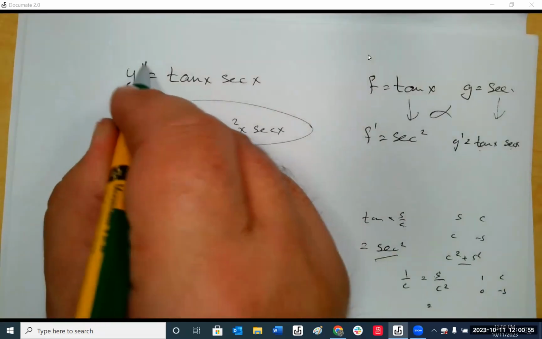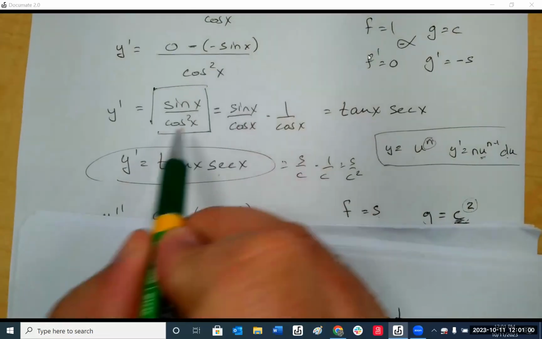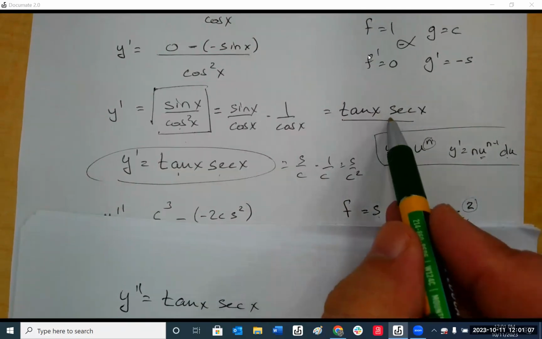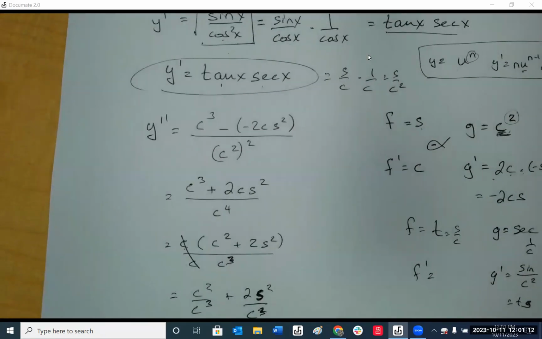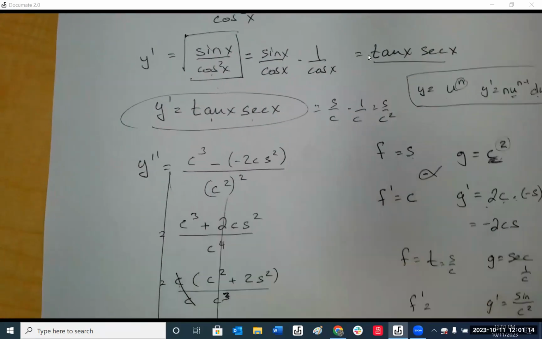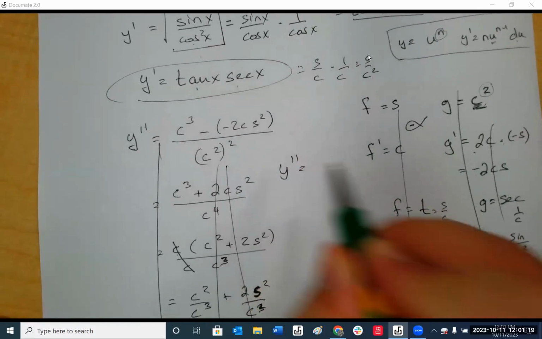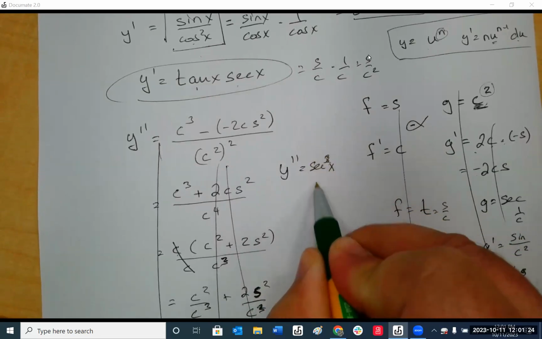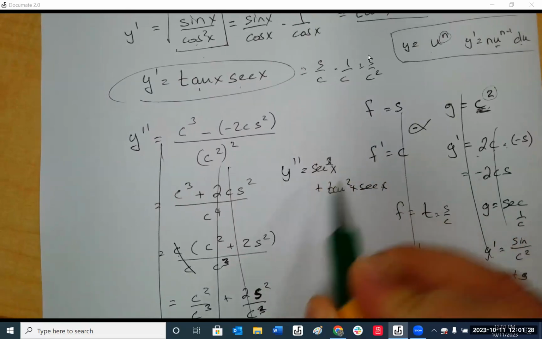So that's our second derivative, actually, because our first derivative was sine over cosine squared, which gave us tangent secant. The derivative of tangent secant is secant cubed plus tangent squared times secant.